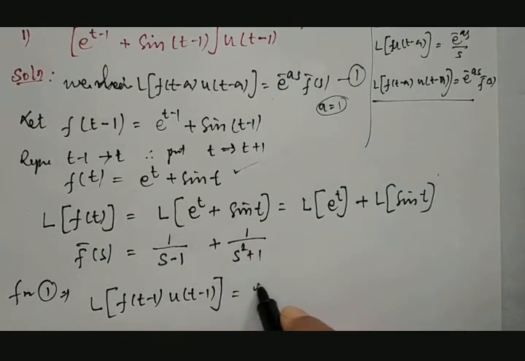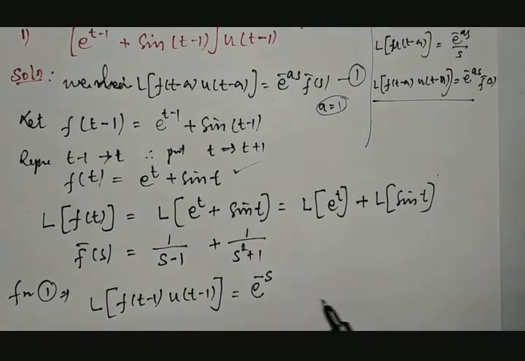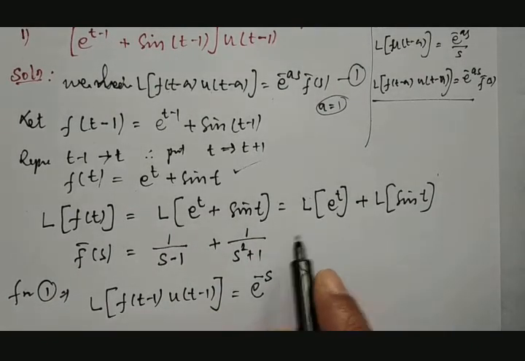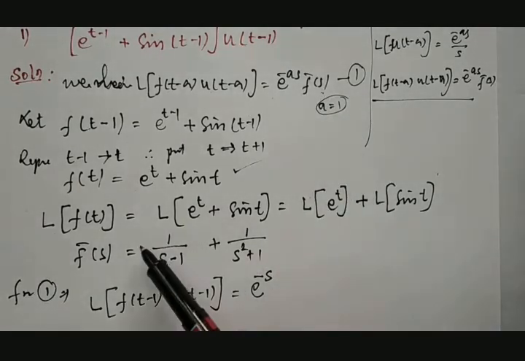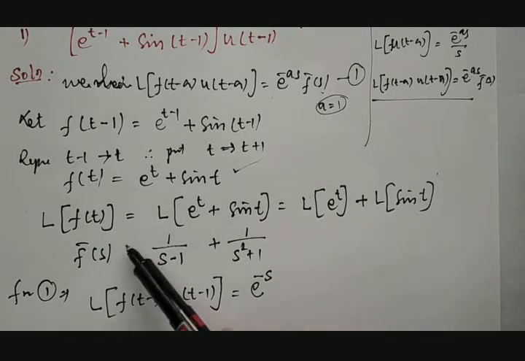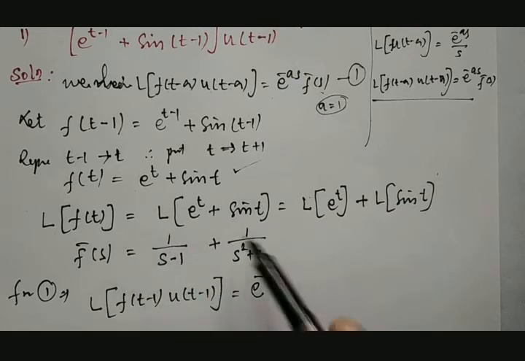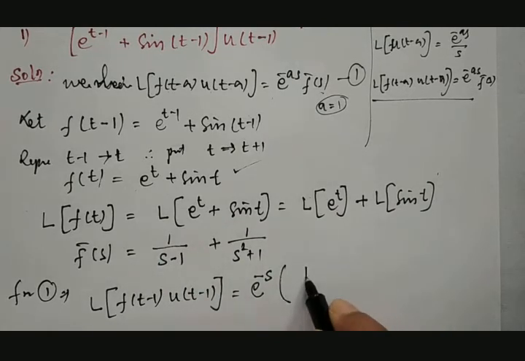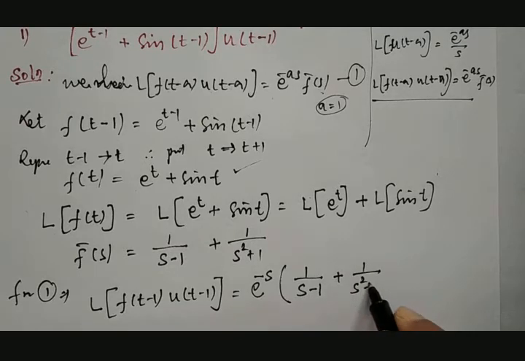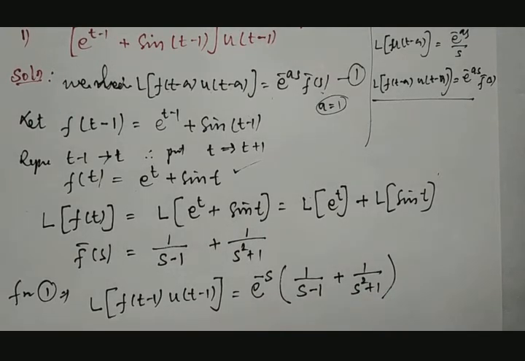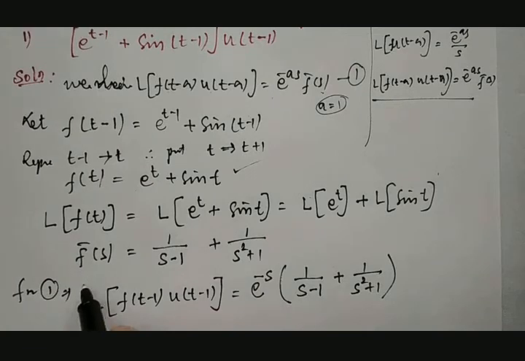But a is equal to 1 here, so it is e raised to minus s into f bar of s. What is f bar of s? It is this thing. So therefore it is 1 divided by s minus 1 plus 1 divided by s square plus 1. Therefore, this is the required solution.